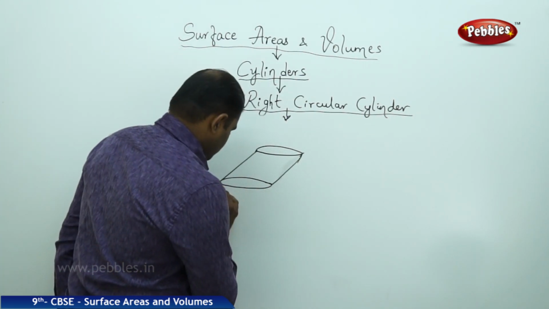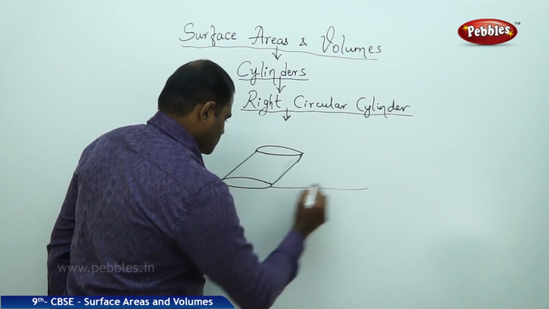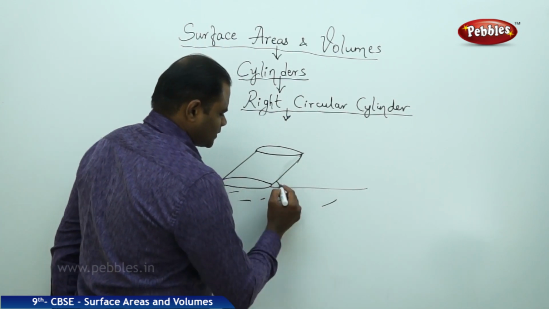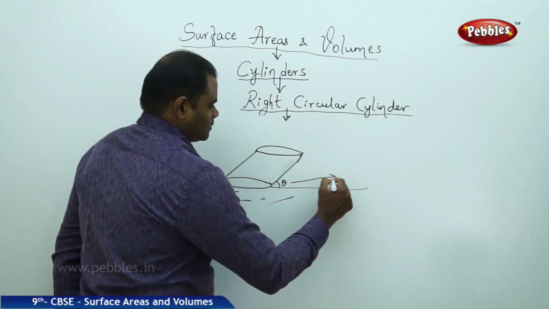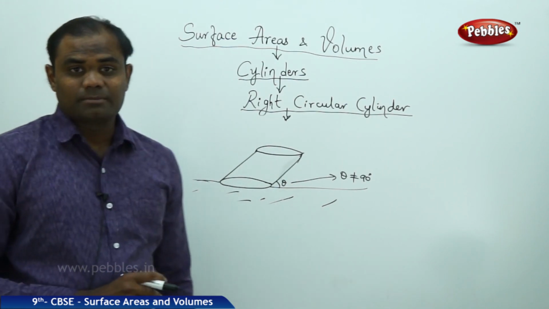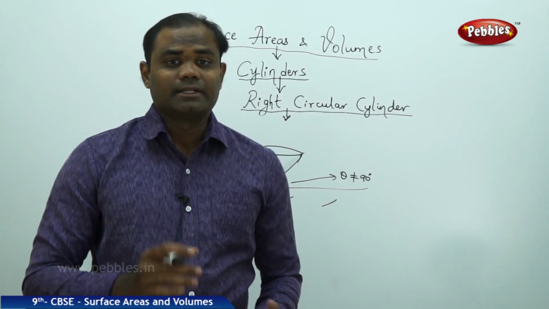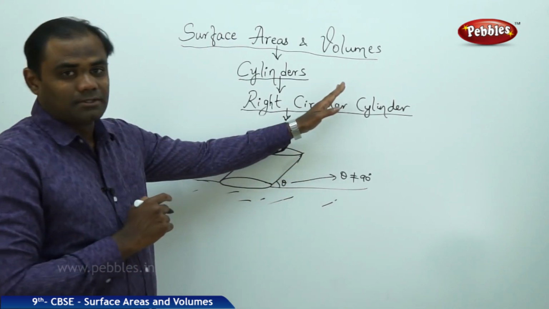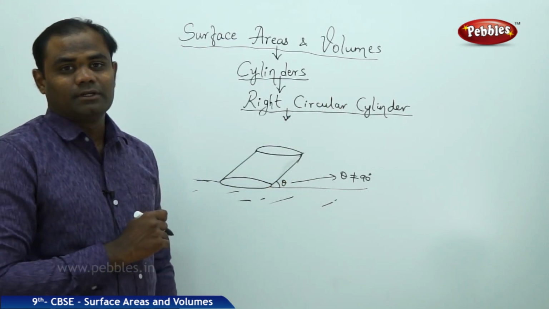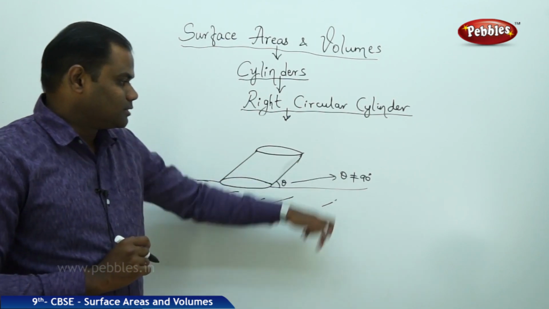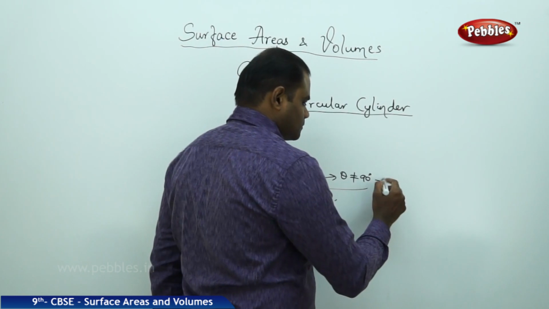If I take this to be the ground, then this angle is theta, and this angle is not equal to 90 degrees. This is how we mathematically identify a right circular cylinder. The angle between the ground and the height at which the cylinder rises must be 90 degrees for the cylinder to be a right circular cylinder. Here, theta is not 90 degrees.